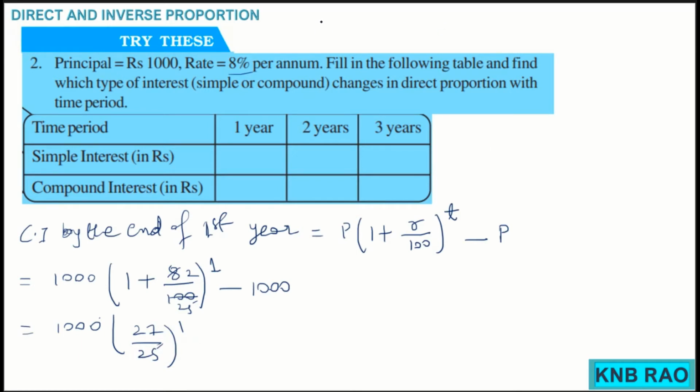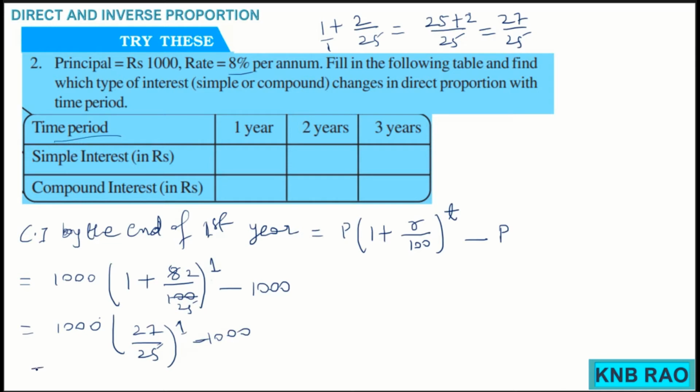Here once again I am telling you, 1 plus 2 upon 25, after taking LCM we will have 25 plus 2 by 25, it becomes 27 upon 25. So that's how this 27 by 25 has come. Whole raised to the power 1, where that power is from the time period, for 1 year. So minus 1000.